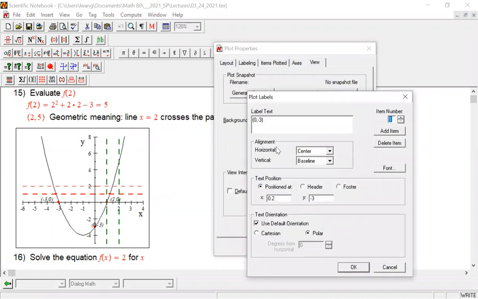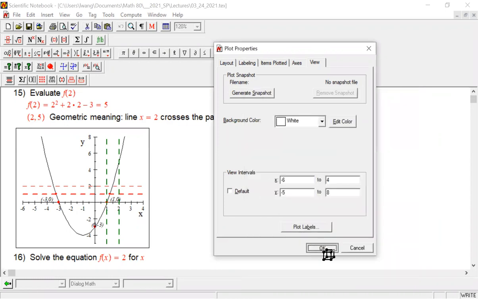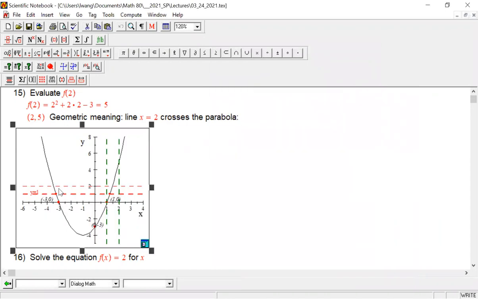This is going to be y equals 1, for the line we had before, and that's going to be at -5, 1. Make the font red. Okay, y equals 1, right?